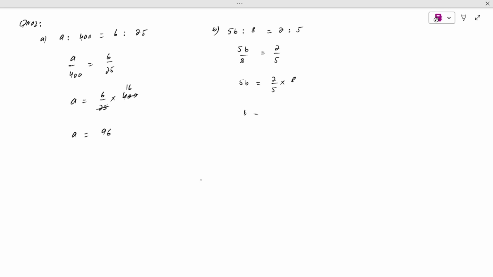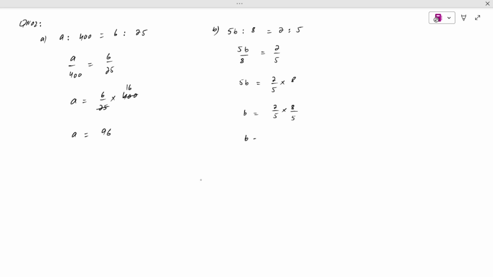So value of b is 2 over 5 times 8 over 5. As this 5 is multiplied in the left side, we will divide the right side by 5 also.